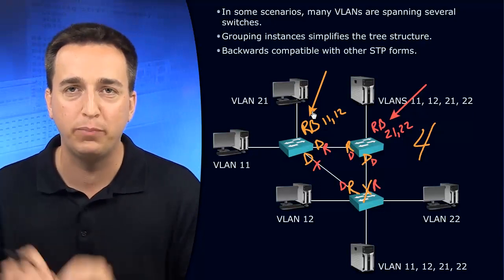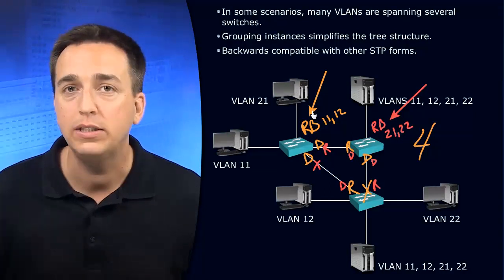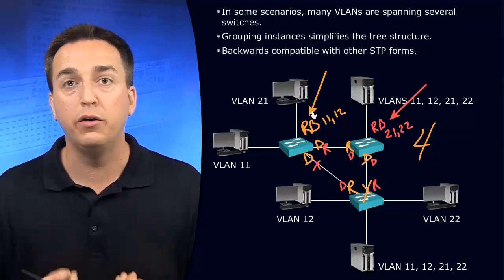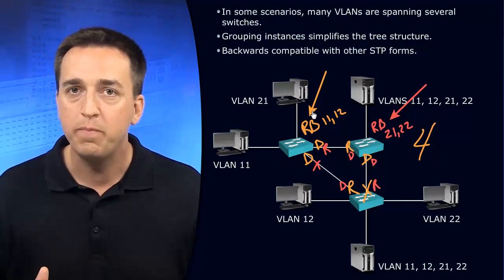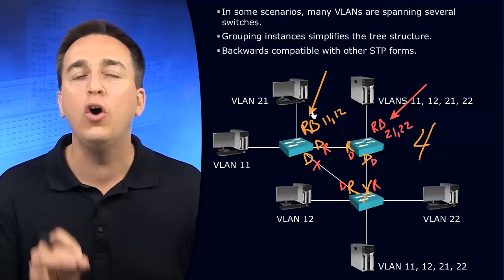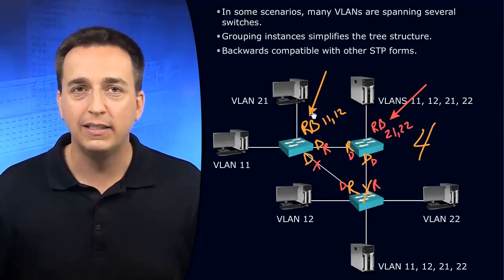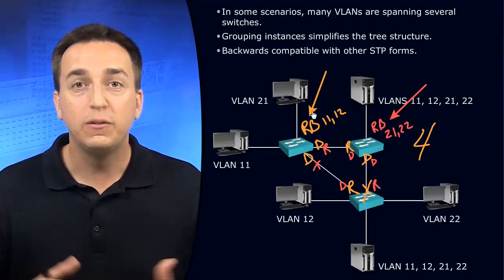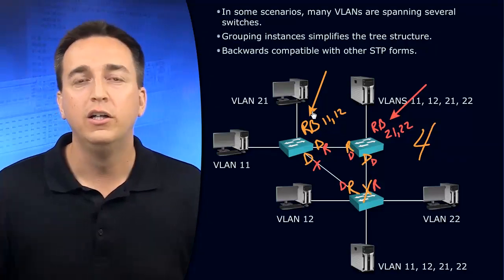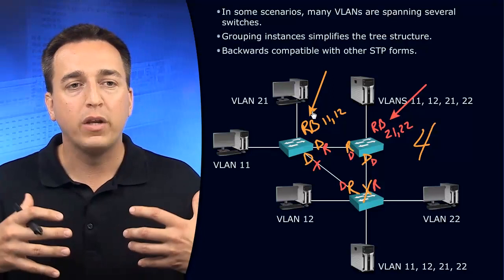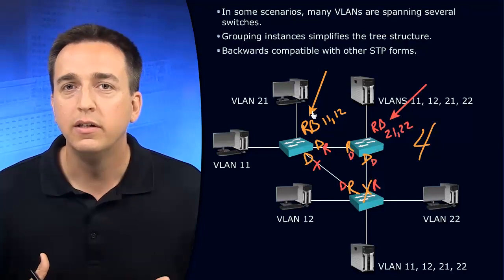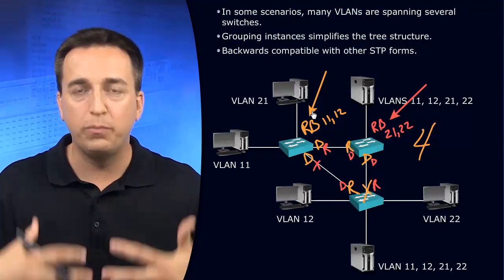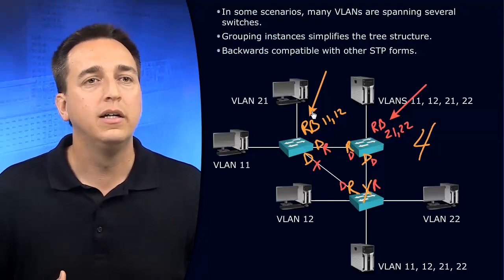Multiple spanning tree protocol is an IEEE standard that is based on an original design by Cisco, and it is known as 802.1s. And the great thing about it is it's backwards compatible with other spanning tree protocol forms. So you can do a slow migration as you implement multiple spanning tree protocol in your environment.